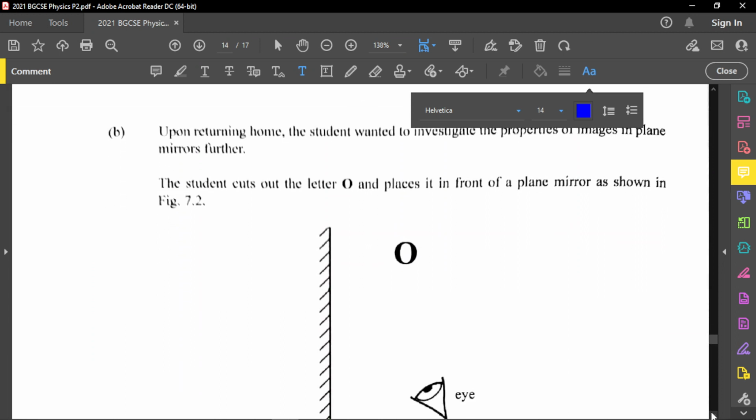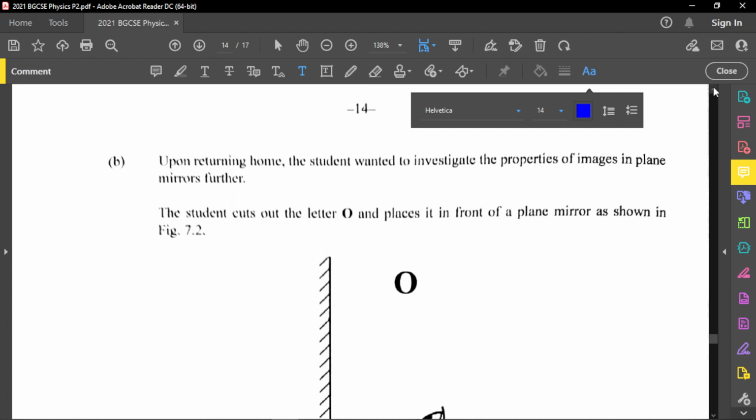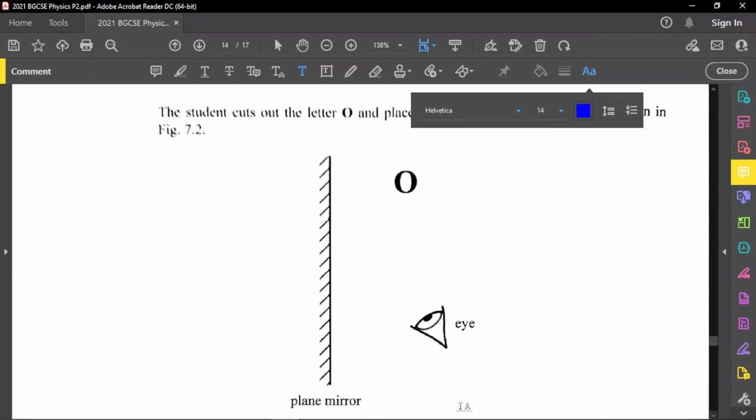Now for part B, it said upon returning home, the student wanted to investigate the properties of images in plane mirrors further. A student cuts out letter O and places it in front of a plane mirror, as shown in figure 7.2. So O is the object she cuts out, then we have a plane mirror right here, and this is her eye.